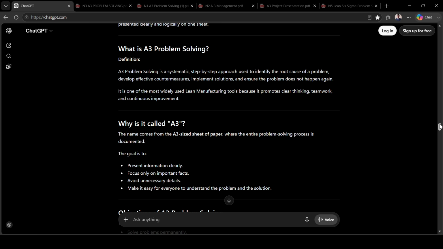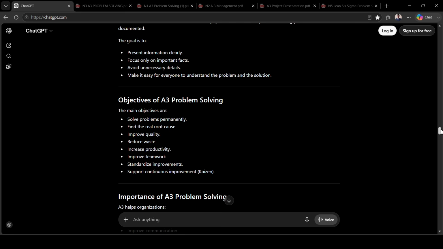And why is it called A3? The name comes from the A3 size sheet of paper where the entire problem solving process is documented. The goal is to present information clearly, focus only on important facts, avoid unnecessary details, and make it easy for everyone to understand the problem and the solution.